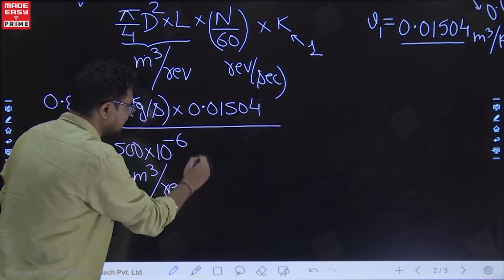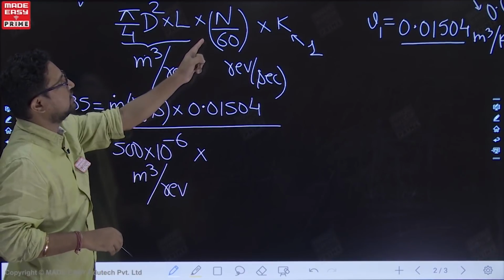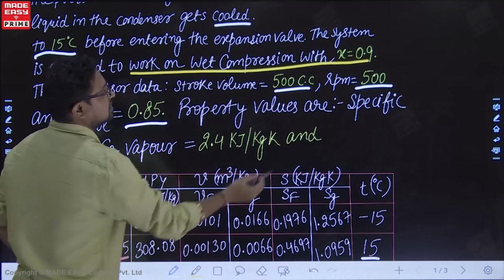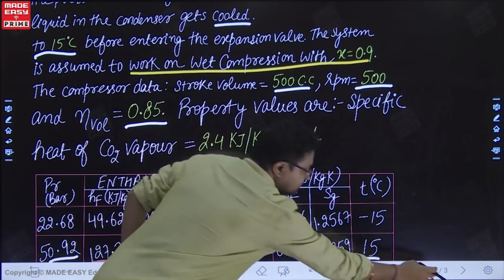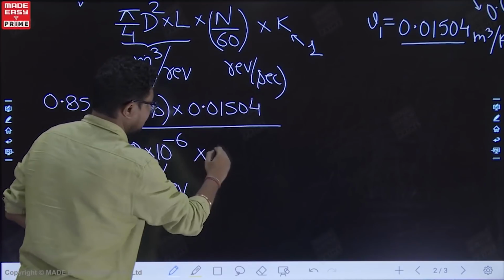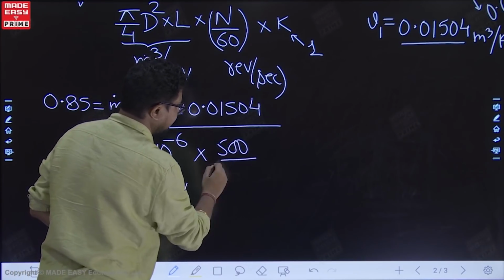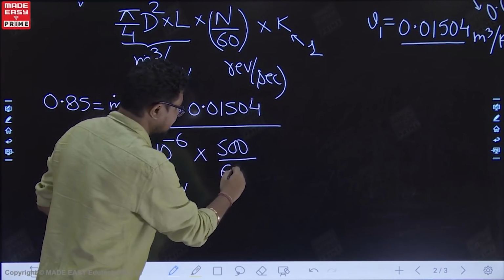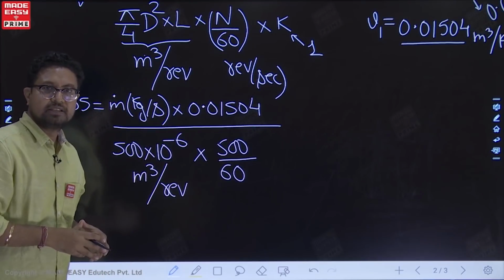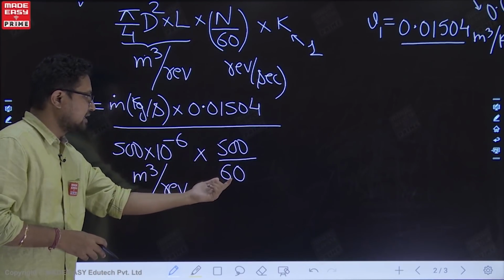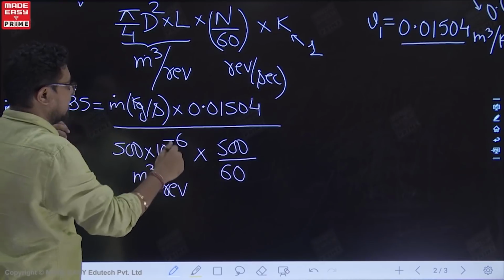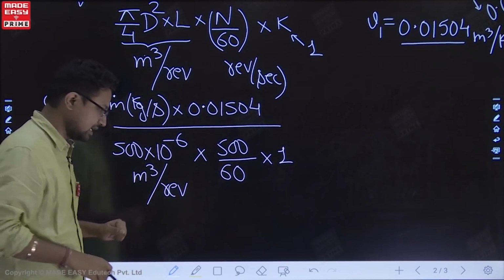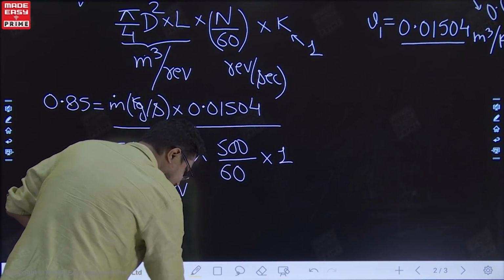Per revolution into n number of revolutions per minute, which is also given: 500 rpm, so 500 divided by 60. Now number of cylinders is 1, since nothing is mentioned, so we take it to be 1.